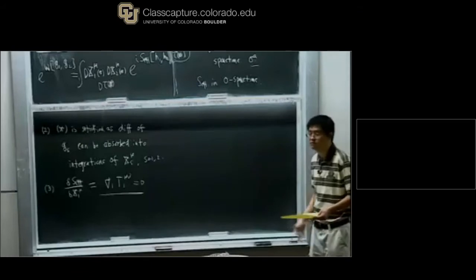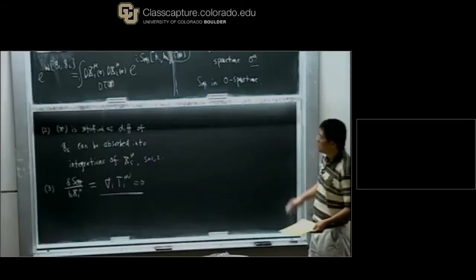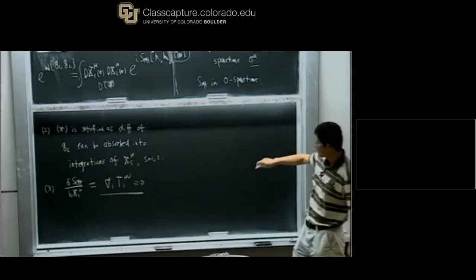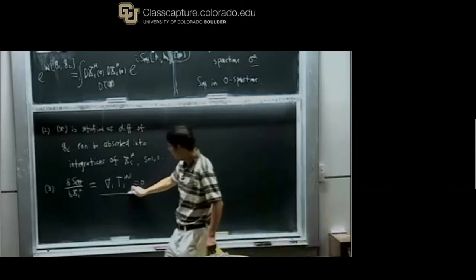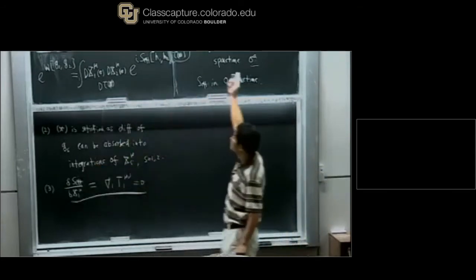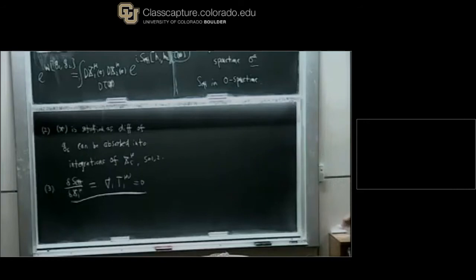Actually, the fact that this works for this kind of theory was known since the 70s. This kind of theory, not in precisely this form, was used by people in the 70s as a toy model for quantum gravity.